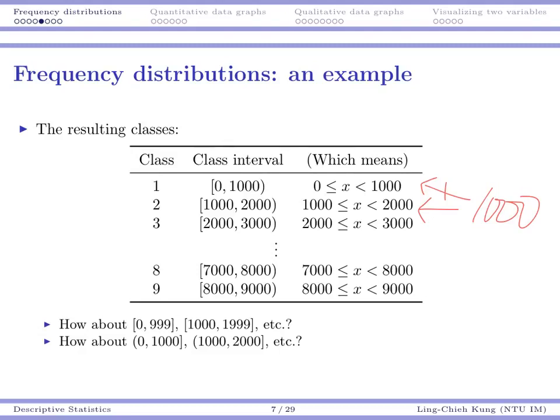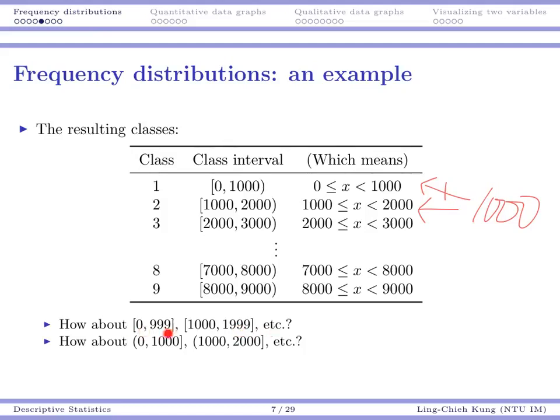Because we have this precise definition, we can avoid some typical errors. One of the typical errors is this: you say the first class is 0 to 999, and the second class is from 1000 to 1099, and so on. If you are 100% sure that all the numbers would be integers, just like in this example, then it should be okay.